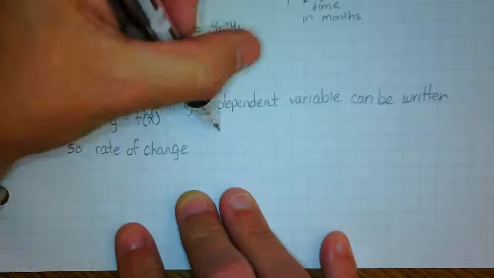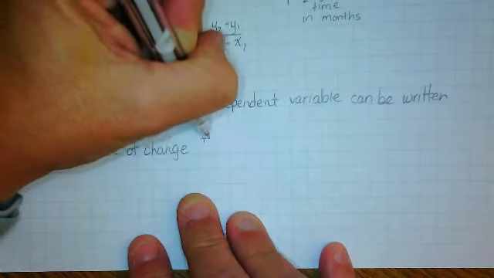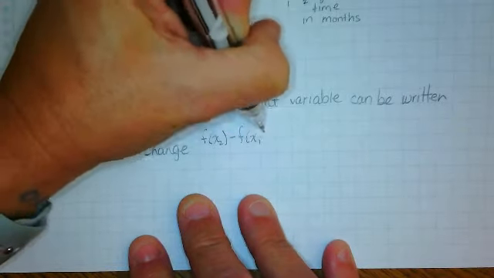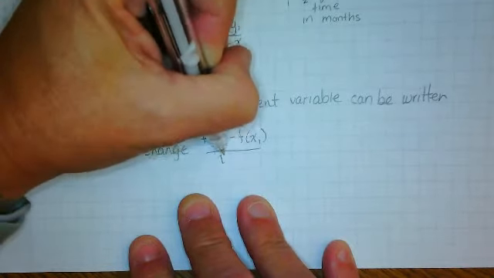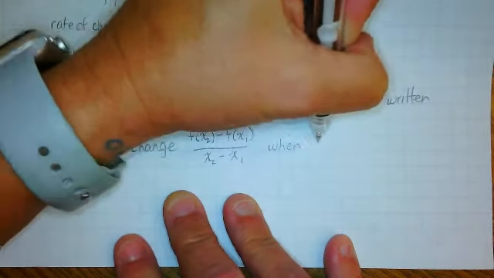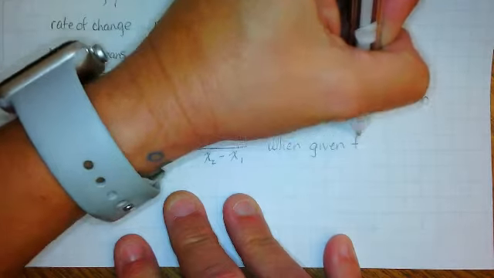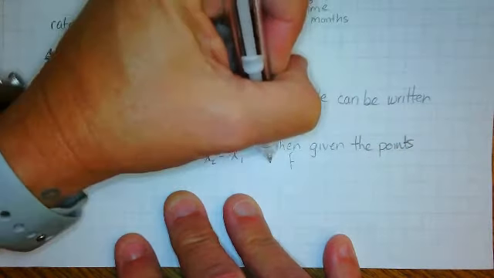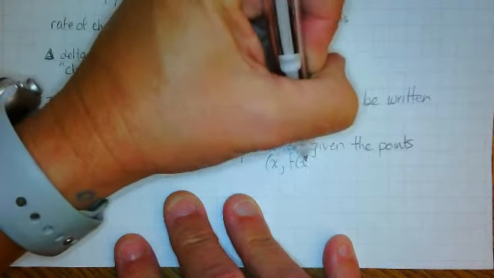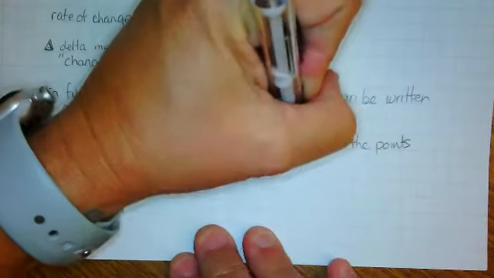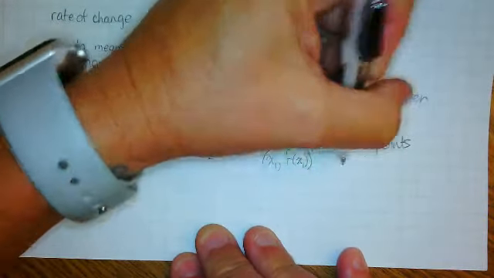So your formula for slope, y2 minus y1 over x2 minus x1, actually becomes f of x2 minus f of x1 over x2 minus x1 when given the points x1, f of x1, two parentheses.